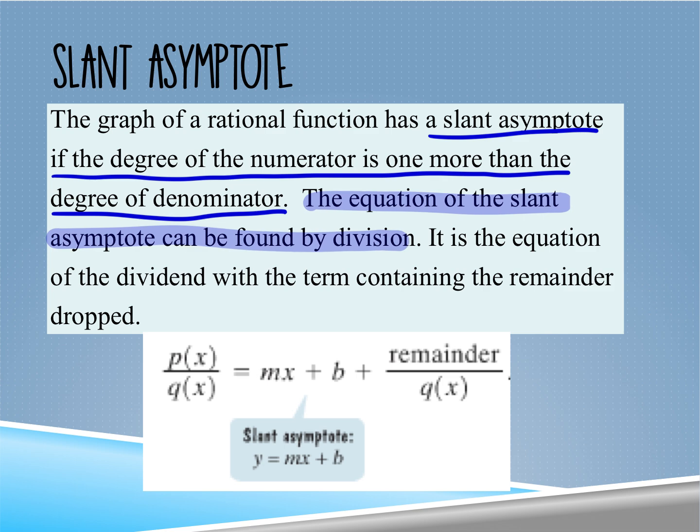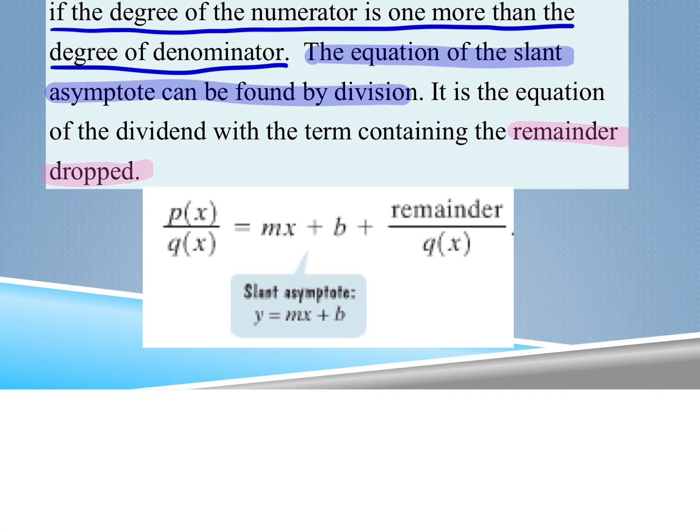It's the equation of the dividend with the term containing the remainder dropped. So we drop the remainder. Our slant asymptote is going to be in the form of y equals mx plus b. When we divide, we only care about the x and the constant number. Whatever our remainder is, we're going to drop it.